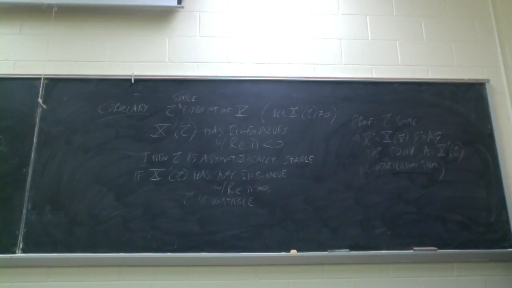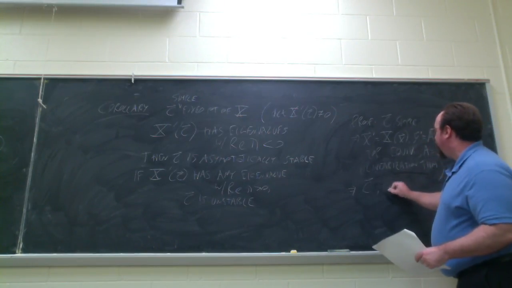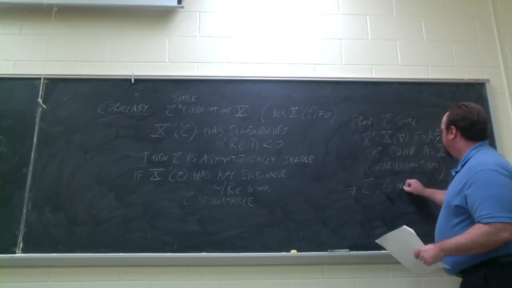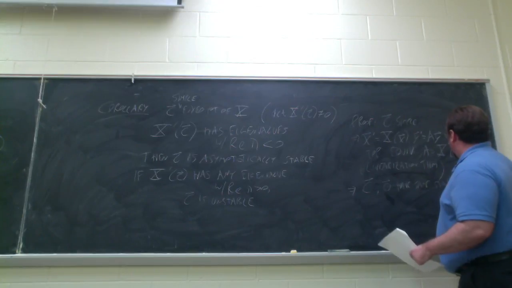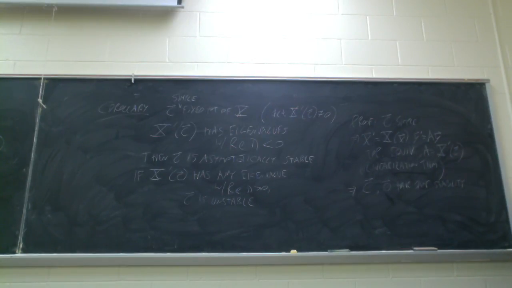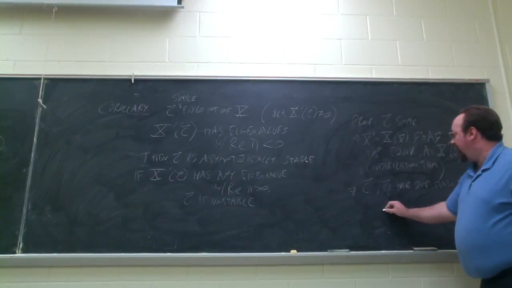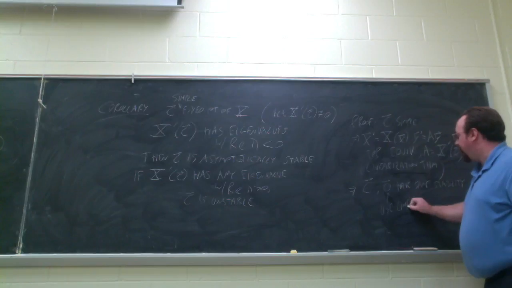Okay, so the consequence of that is that C and 0 have the same stability. So now you can determine the stability of C by discussing the stability of 0. And for 0, you can use just linear stability theory.